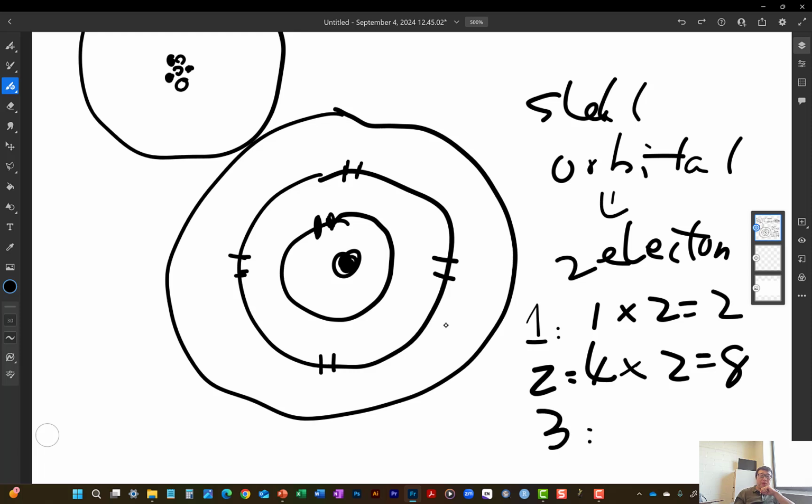Shell 3 is a little different. It can actually contain more, but in this class we don't talk about the other orbitals, so shell 3 has 4 orbitals, each with 2, another 8 electrons. So there are 3 shells surrounding the nucleus.